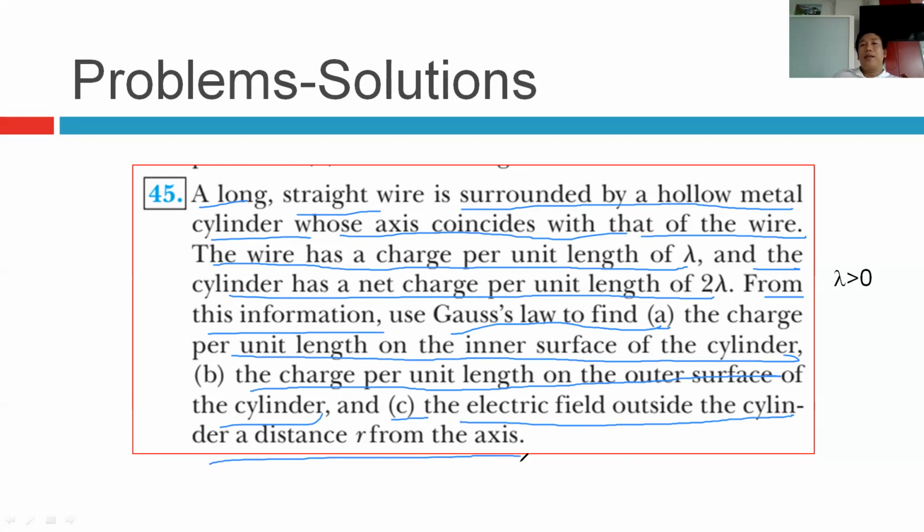Actually, this question is the same as the previous question, right? The different thing here is that we don't know the numbers. In this case, we just need to obtain the formula. That's all. And the situation is the same as the previous problem.